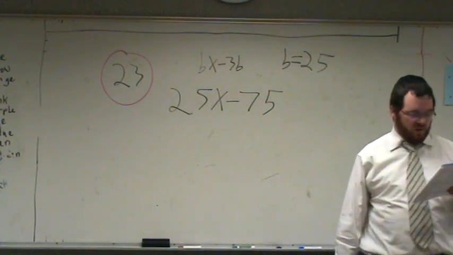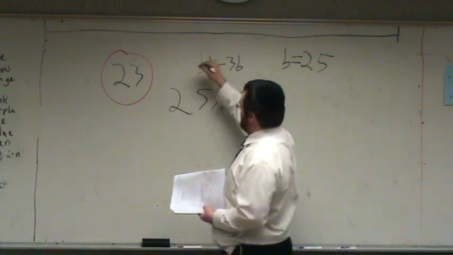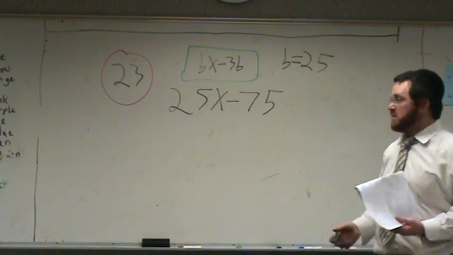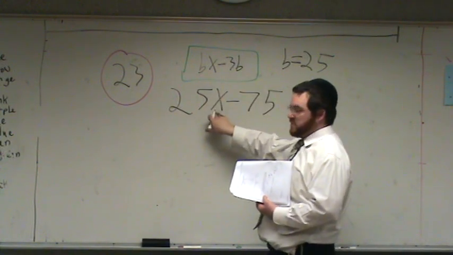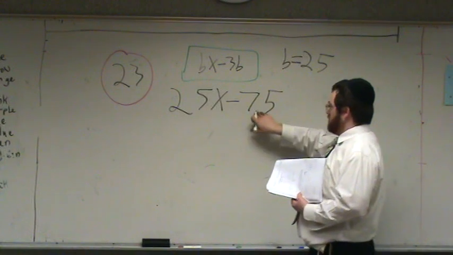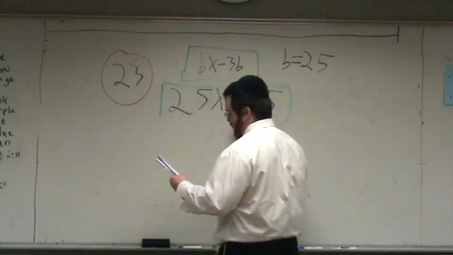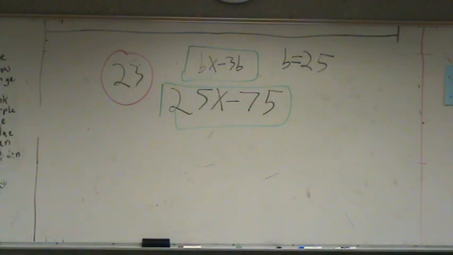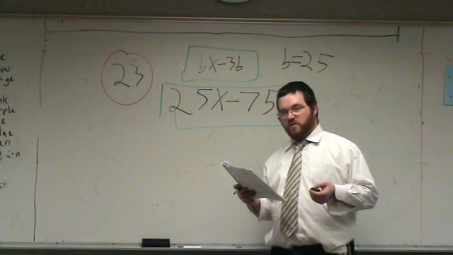So which expression represents the total amount of pencils he took to school? The total amount of pencils he took to school is either B for a box times X amount of boxes minus 3 times a box, or 25 pencils times X amount of boxes minus the 3 boxes he left home, or the 75 pencils he left home, which is also a correct answer, which over here is answer 4. 25 times X amount of boxes minus the 75 pencils he left home is a correct explanation, and that is answer 4.